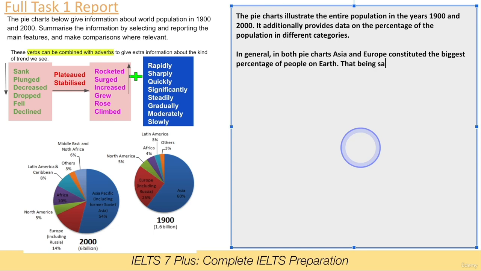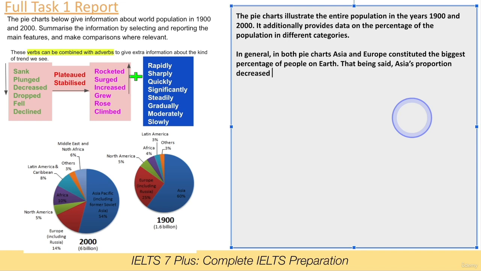That being said, so in other words, now we want to talk about the trend that they were, even though they're still the biggest proportions in 2000, they have actually decreased in their share. So that being said, Asia's proportion decreased.